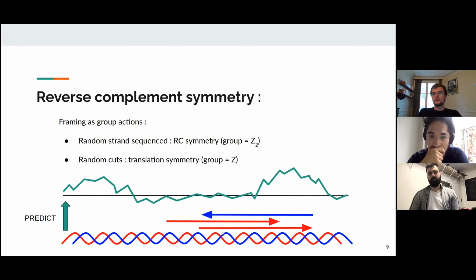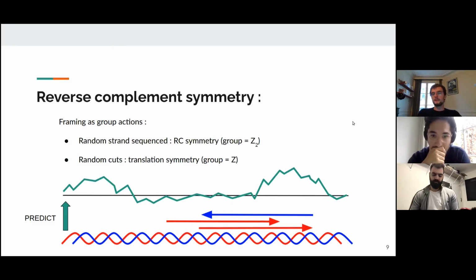And what you want is that if you shift your input, so if you make a translation on the input, you want the predicted signal also to translate. So you have a translation symmetry, which is the usual one when you have convolutions, for instance. And there's an extra one that's the RC symmetry.